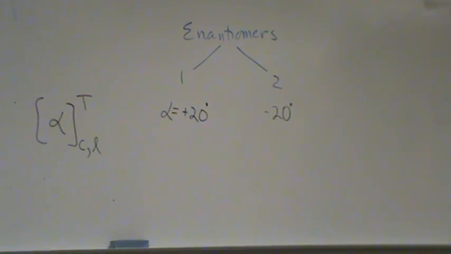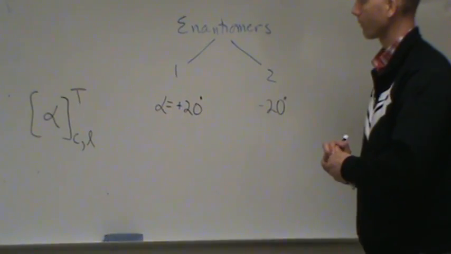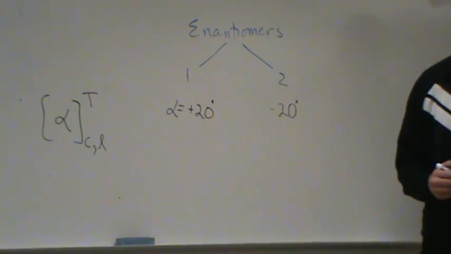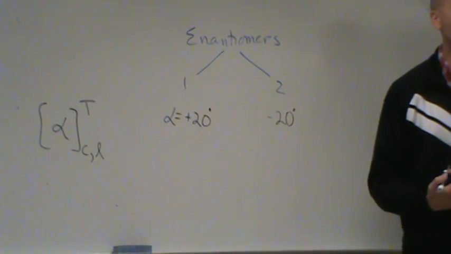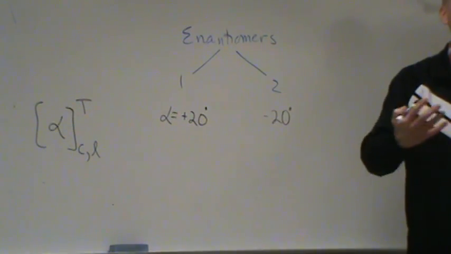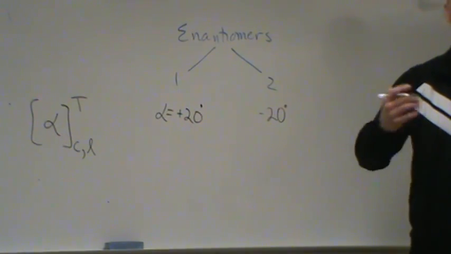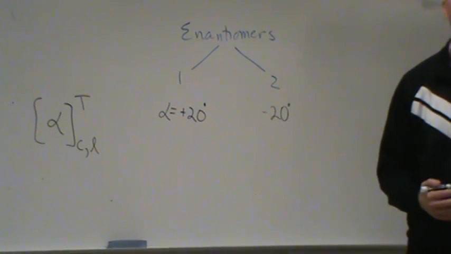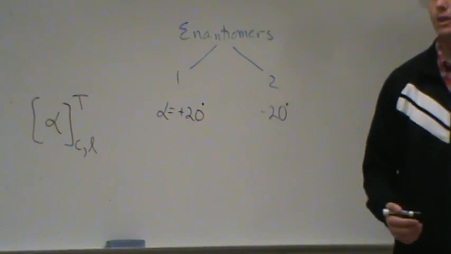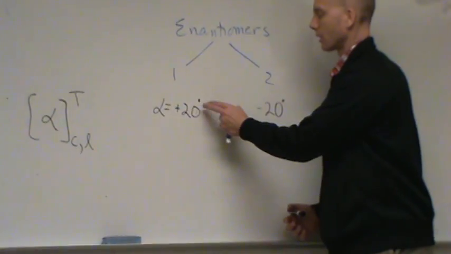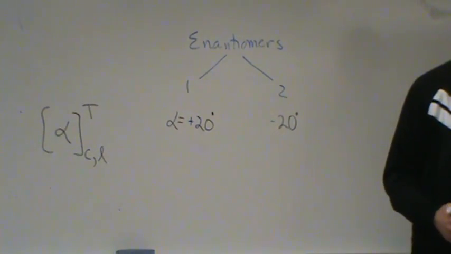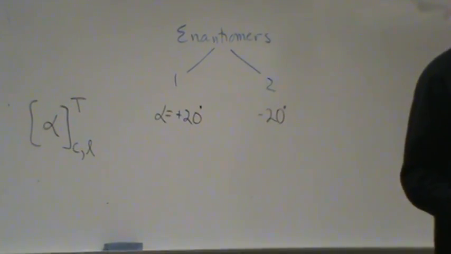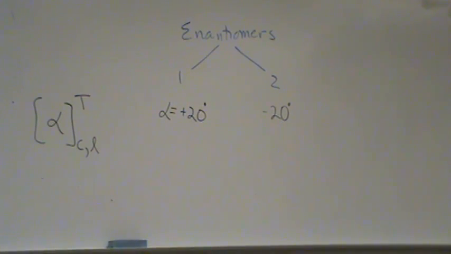So you see how enantiomers work. And there's no correlation between R and S. Some R's show up positive, other R's show up negative. There's no correlation between those. What do you have to do? You have to measure its optical activity in the polarimeter. There's no other way around it.